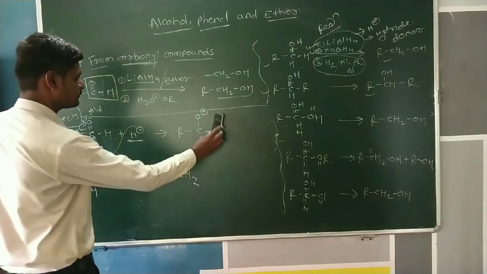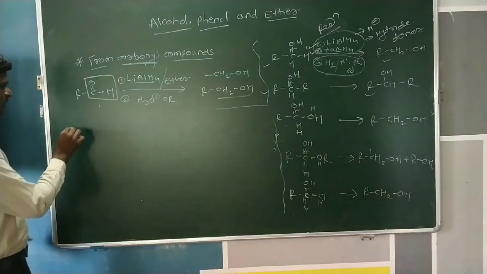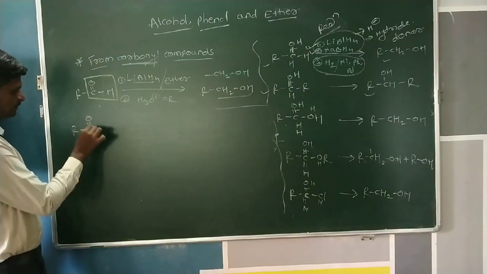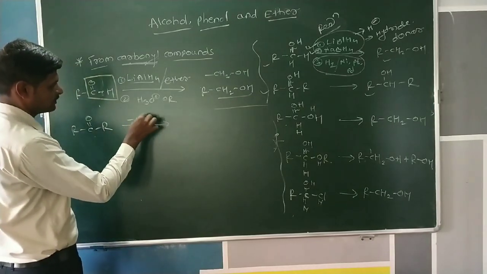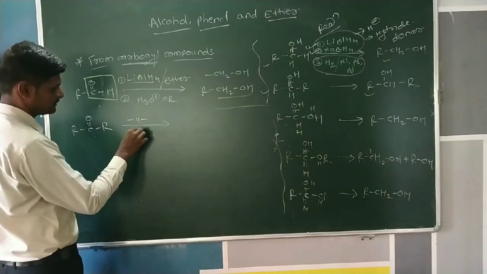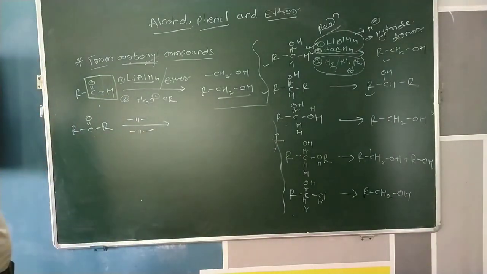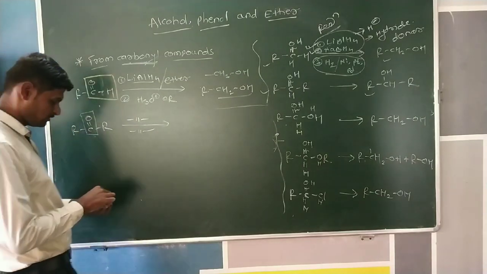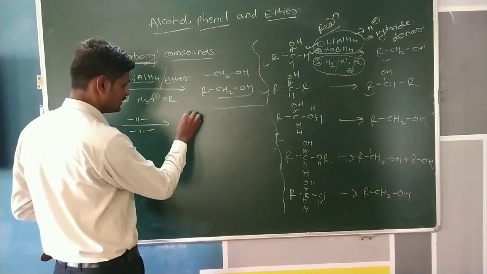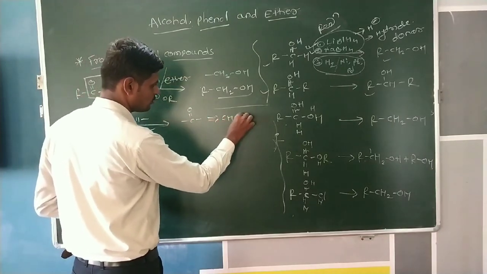After that, we consider the ketone. The ketone is reacted with lithium aluminum hydride in the presence of ether, and secondly, it undergoes acid hydrolysis. There is a formation of alcohol, and this C double bond O gets converted into CH-OH.